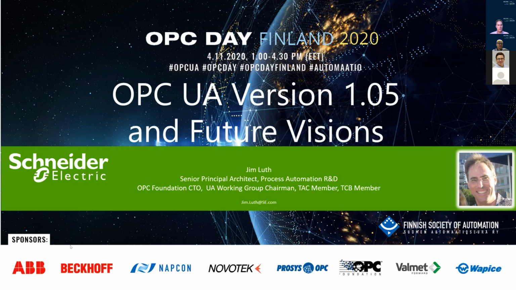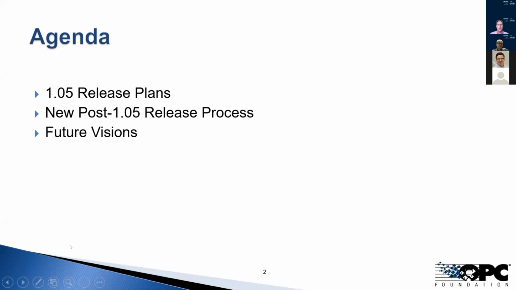So what I'd like to talk about today are essentially two somewhat distinct topics. One is our plans for release of the 1.05 version of OPC UA, and we'll go through what that will entail and how it'll be the same and how it'll be different.